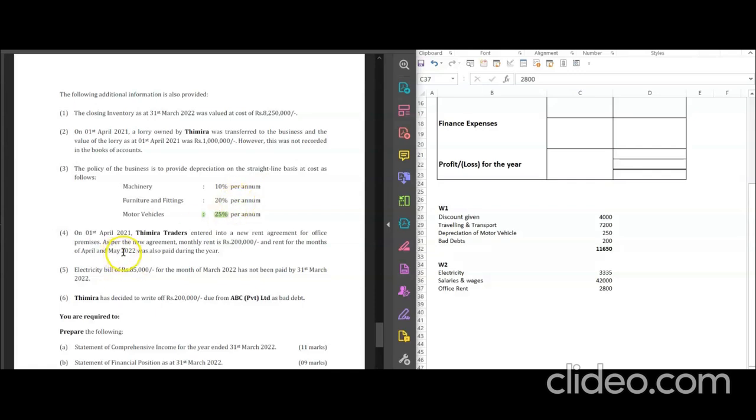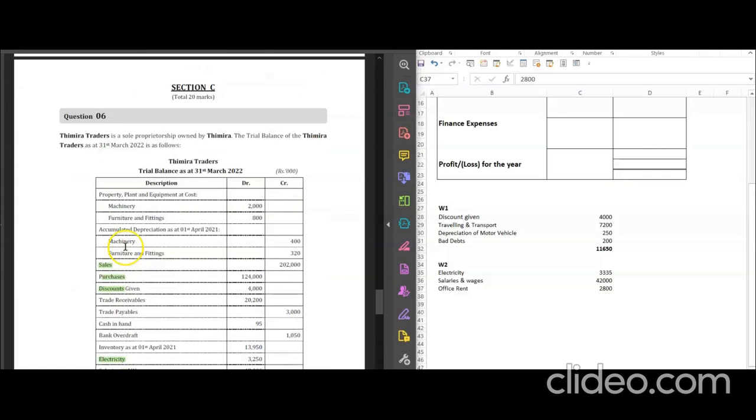April and May 2022 is after 31st March 2022. That means it is a new financial year. So if they have paid for the 2 months from the new financial year, that means that they are paying in advance. That is called prepayment.